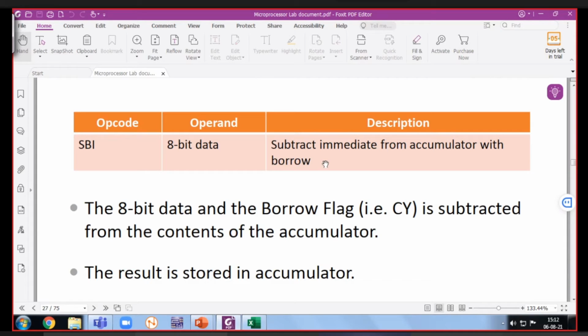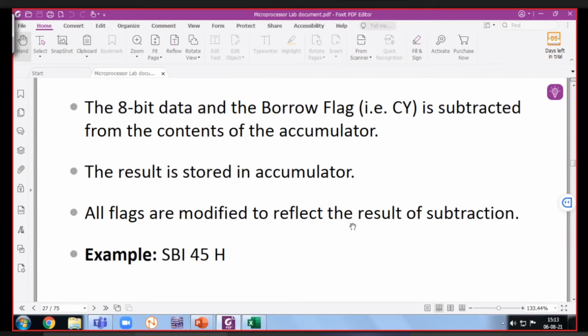The borrow flag is nothing but the value of the carry flag, which will be set. So content of accumulator minus 08 minus value of borrow flag. All flags are modified to reflect the result of subtraction. SBI 45 means A minus 45 minus borrow. Okay, that is the addition and subtraction for the arithmetic operations.